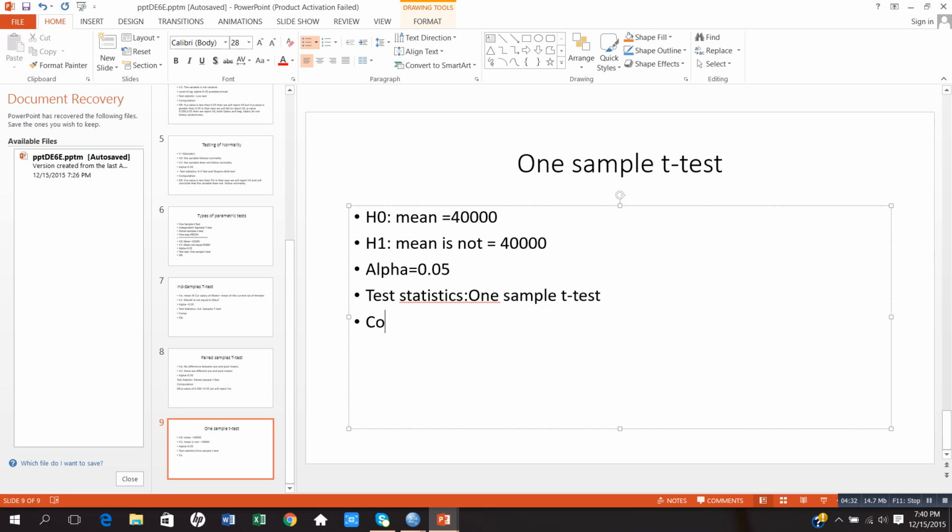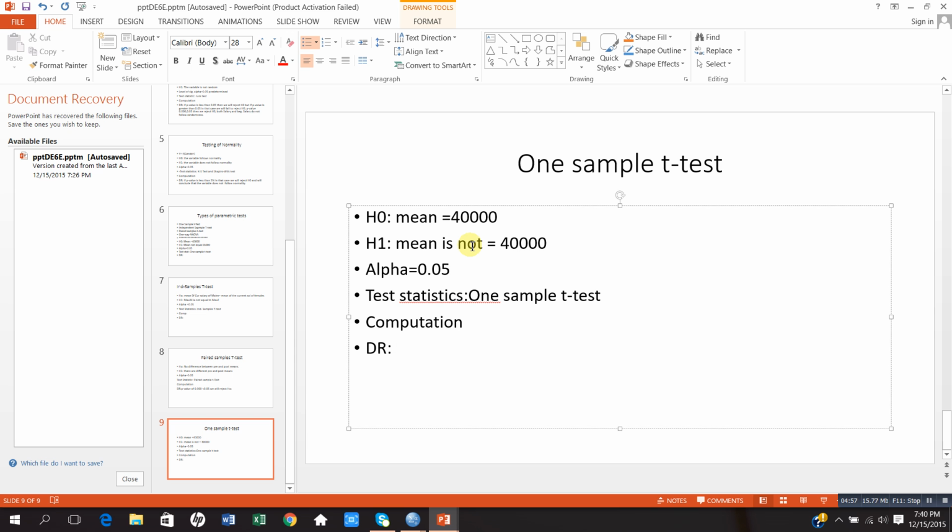We will compute it, and SPSS will be used for computation purpose. My decision rule would be, if p value is less than 5%, then we will reject this null hypothesis. If p value is greater than 5%, then we will fail to reject this.